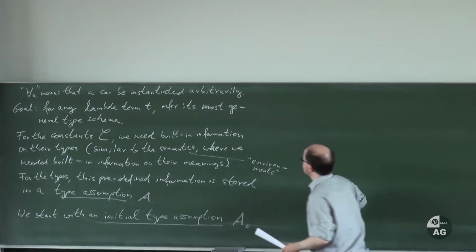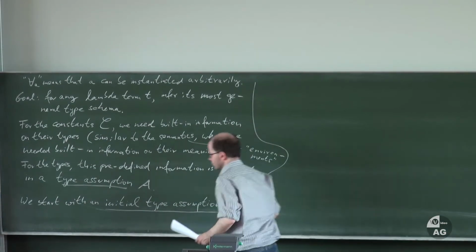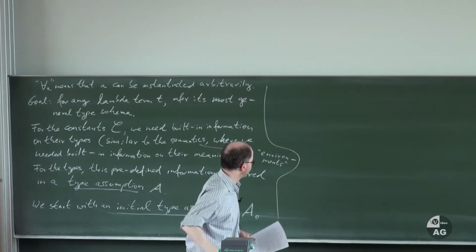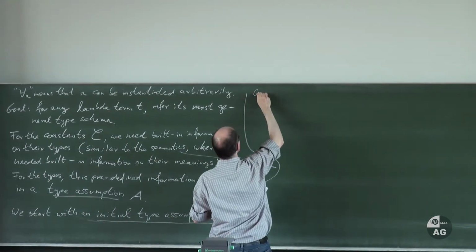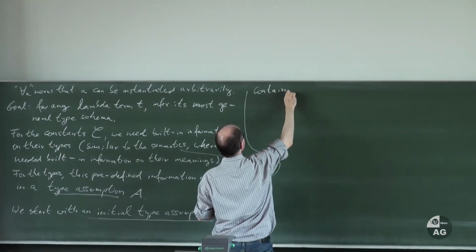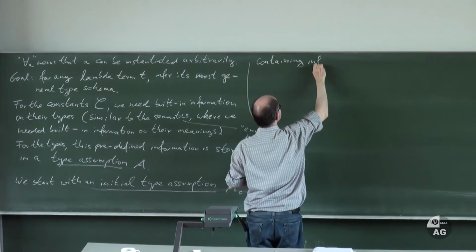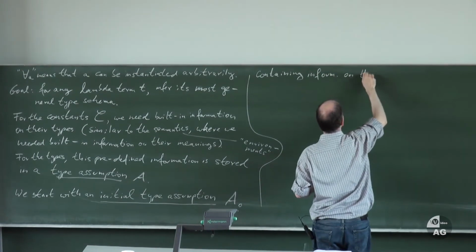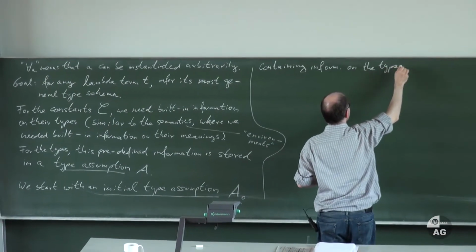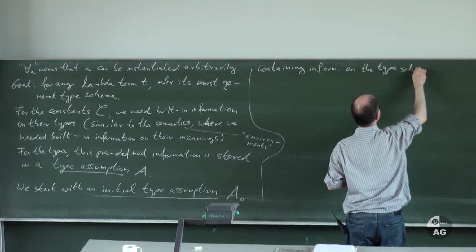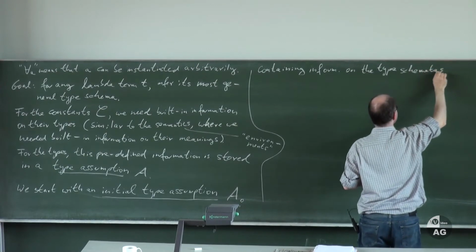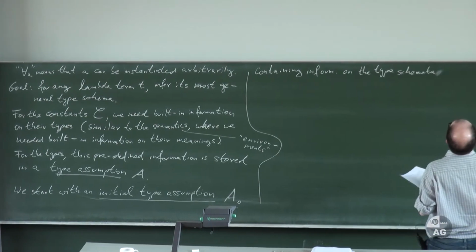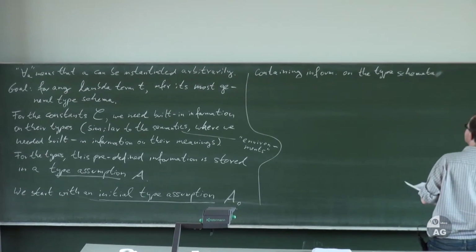And this initial type assumption contains information on the type schemata of constants and variables. I should either write schemata or schemas, but schematas is really wrong.